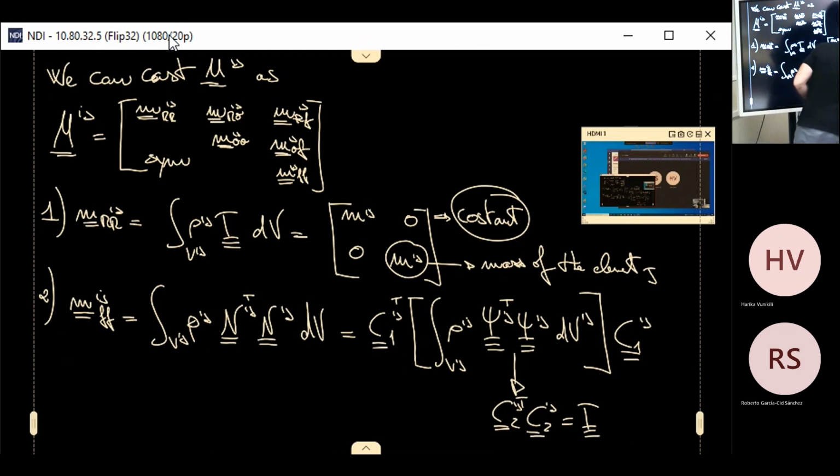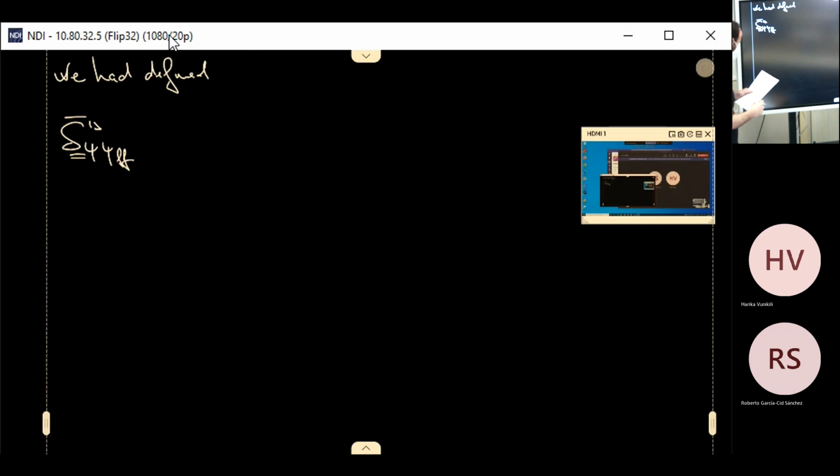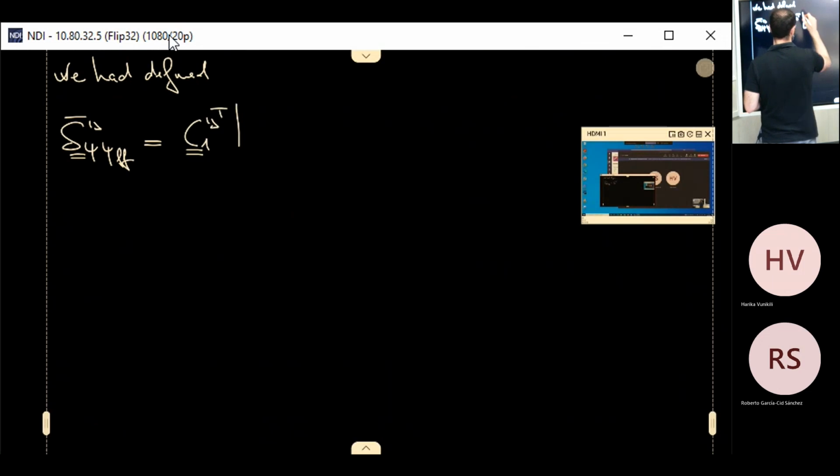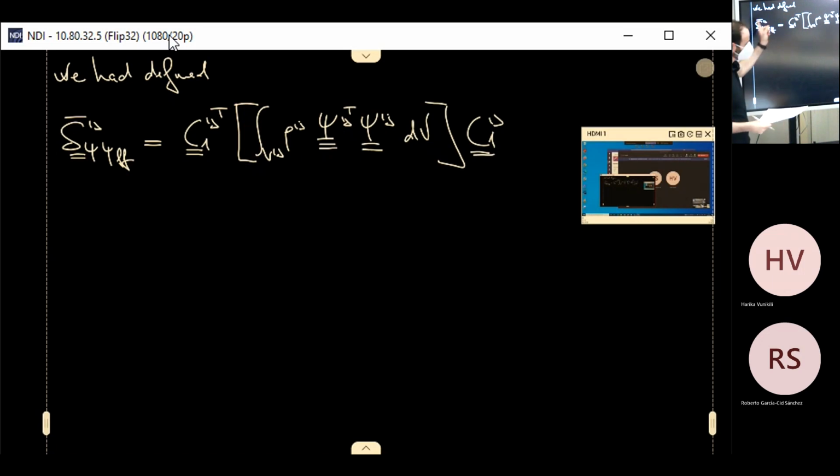We have defined S C C F F ij, if you remember at the beginning of the lecture, exactly as for the 2D case, C1 transposed pi over V ij over rho ij of psi ij transposed over psi ij. Okay, so it's exactly that.